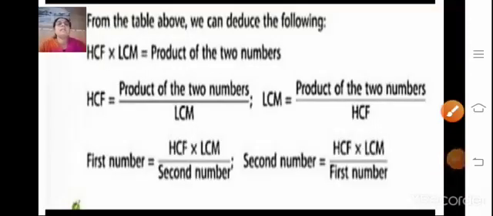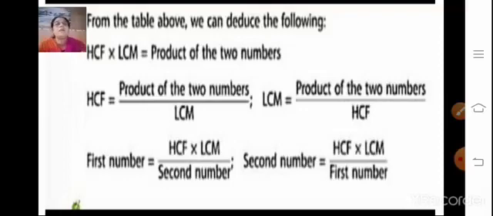Now from this table, we can make that HCF into LCM is equal to product of two numbers. Suppose if you have to find the HCF, the product of two numbers, you will divide it by LCM, and if you have to find the LCM, you will divide the product of two numbers by HCF.